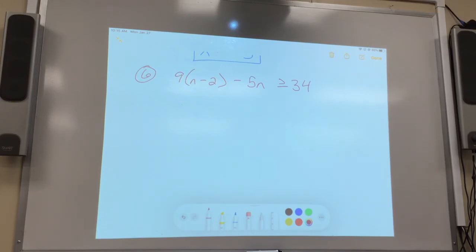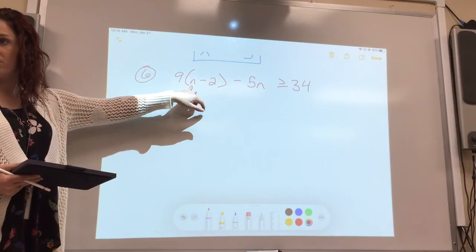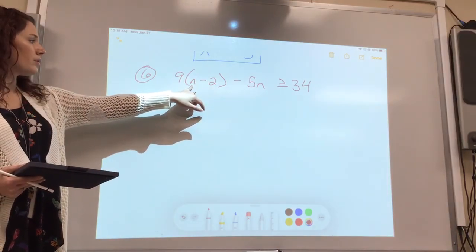What's the first thing you're gonna do? Multiply, the distributive property. So you got 9, and when you multiply by here, would 9 times negative 2 be negative 18?